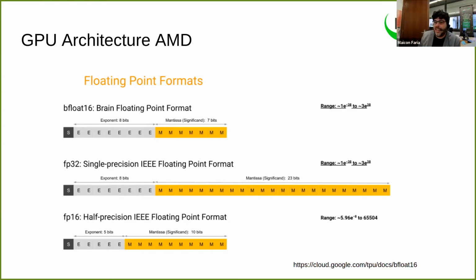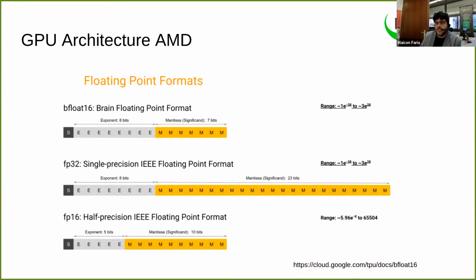So with that kind of floating point support, you can reach different areas, from HPC, which relies a lot on FP64 double precision, to machine learning, which uses a lot of half precision and brain float precision.